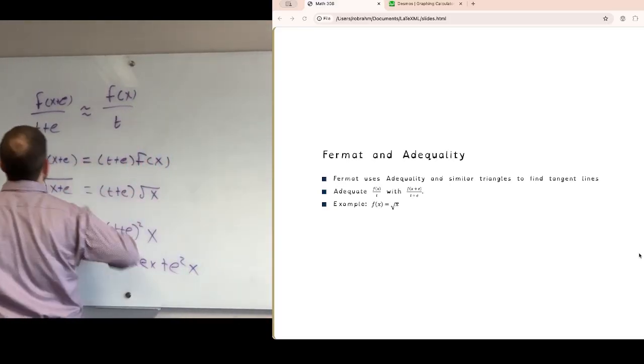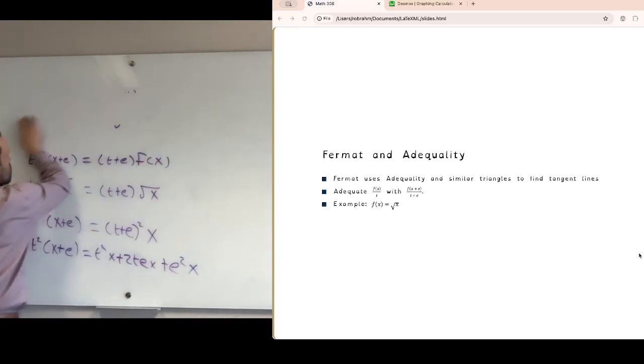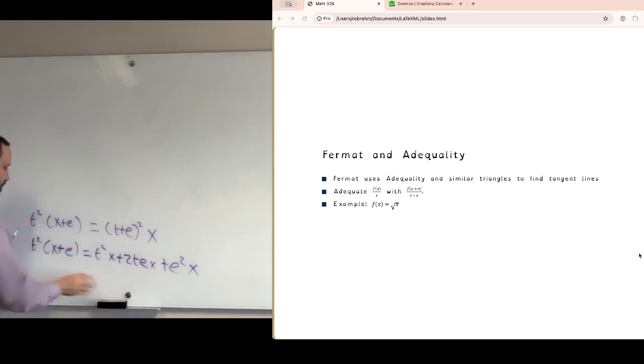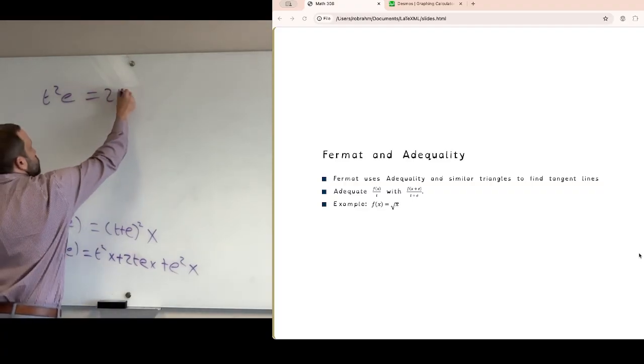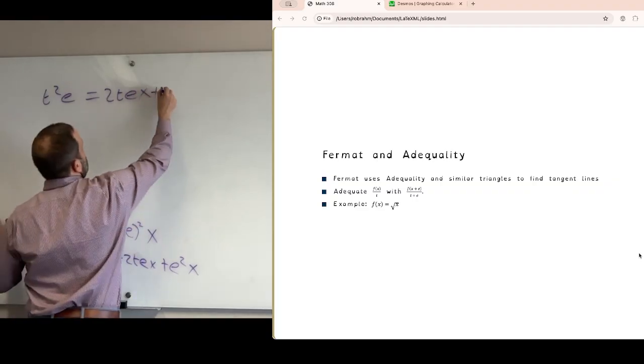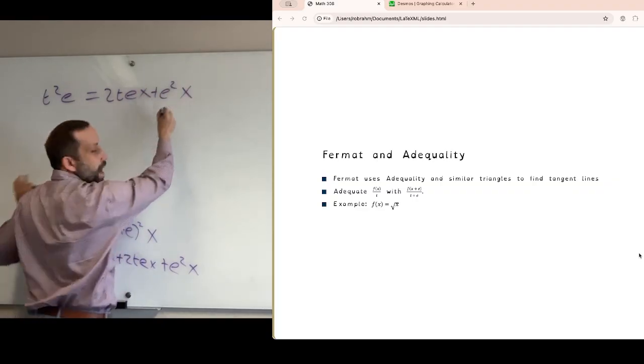Okay, so sorry, I'm going to move this up here because I'm getting a little... Okay, so notice I've got a t squared x and a t squared x. So on the left-hand side, I've got t squared e. And then on the right-hand side, I've got 2t e x plus e squared x.